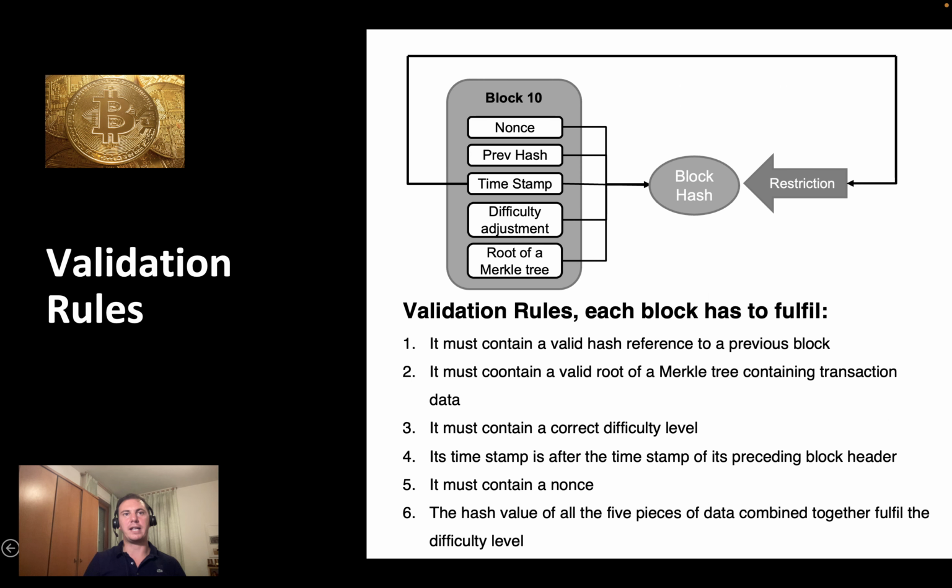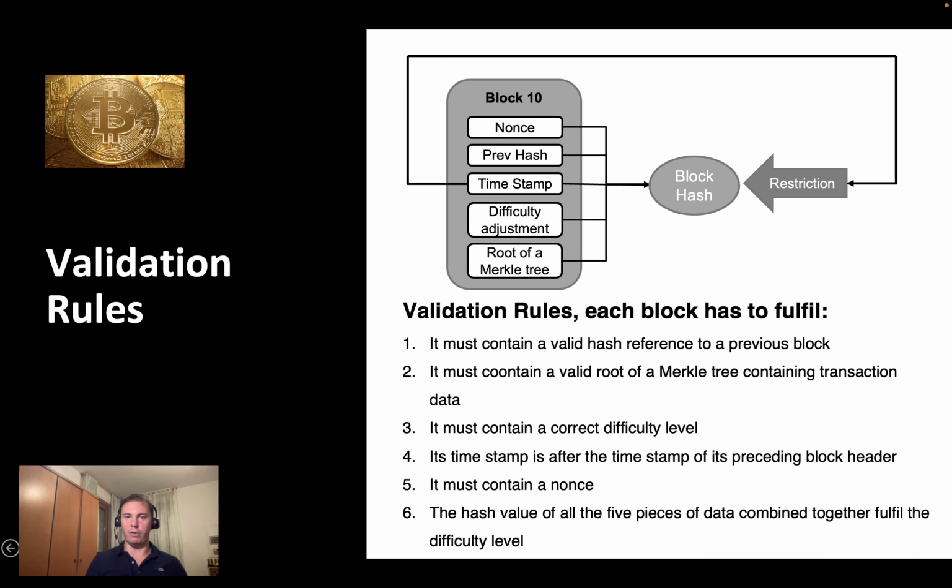Let's look at an example. In this figure, we can see the hash puzzle that needs to be solved when adding a new block to the blockchain data structure. It shows the data of the block header whose hash value has to fulfill a given restriction, or difficulty level respectively. The difficulty level is part of the block header and hence is part of the block's hash value. This ensures that no one can bypass the computational cost of the hash puzzle by arbitrarily reducing the difficulty level.